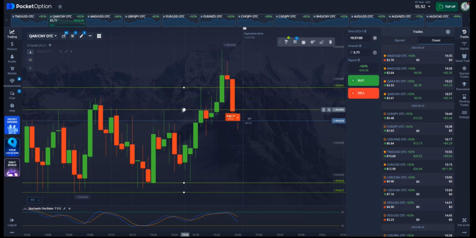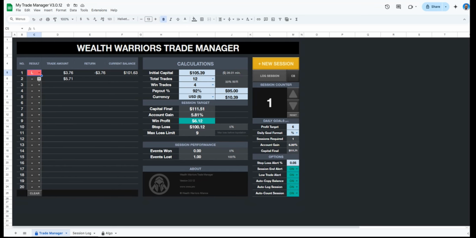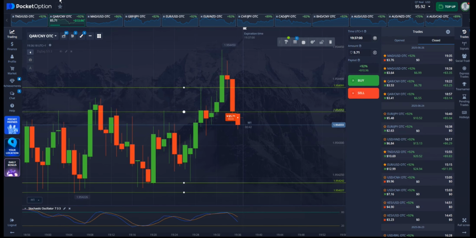If we win this trade, I'll say why I took this trade. But in case we might lose it, I'll set a... 8.34.